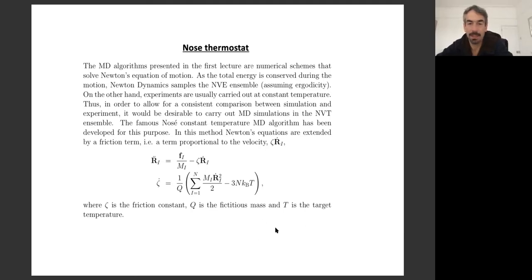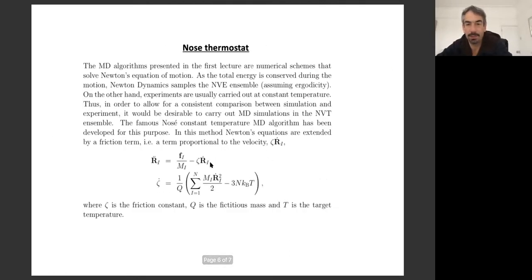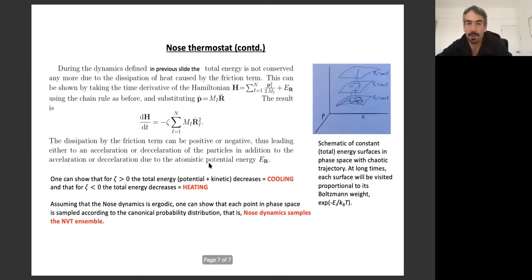And Nosé has shown that if you do that, then your MD simulation samples the NVT ensemble. And obviously, since you have a friction term, the total energy of the system is no longer conserved. What do you actually do in your MD? Remember, in the NVE, you were just sampling one of these surfaces.